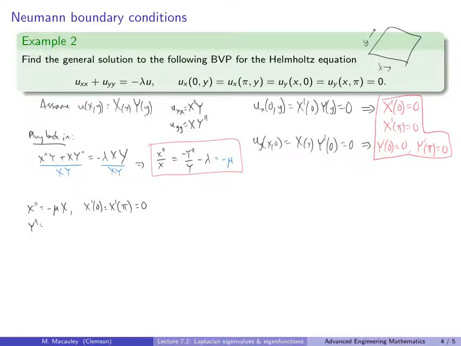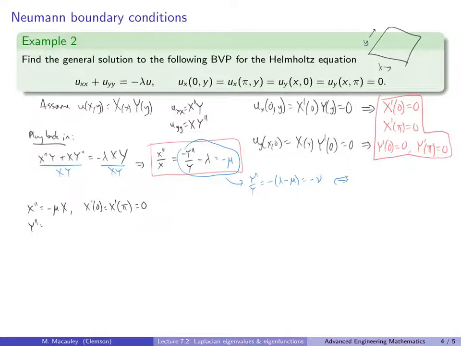And then the next one, y double prime equals, well, remember what we did here? We took this piece and we said y double prime over y equals negative lambda minus mu, and we call that negative nu.